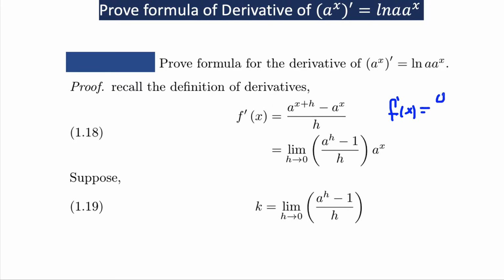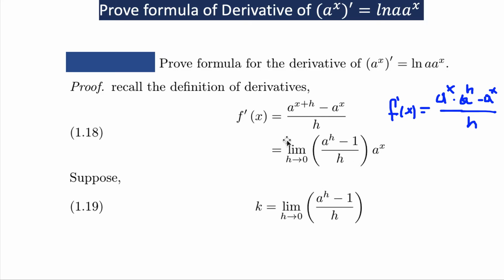Now I'm expanding those exponentials, a^x times a^h. As we see, we have a^x here and a^x here. So we factorize a^x, and inside remains (a^h minus 1) divided by h, what we have here now.